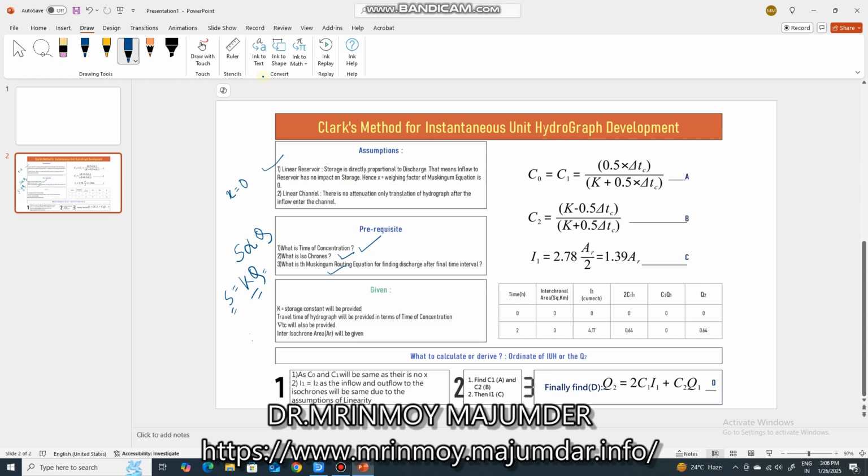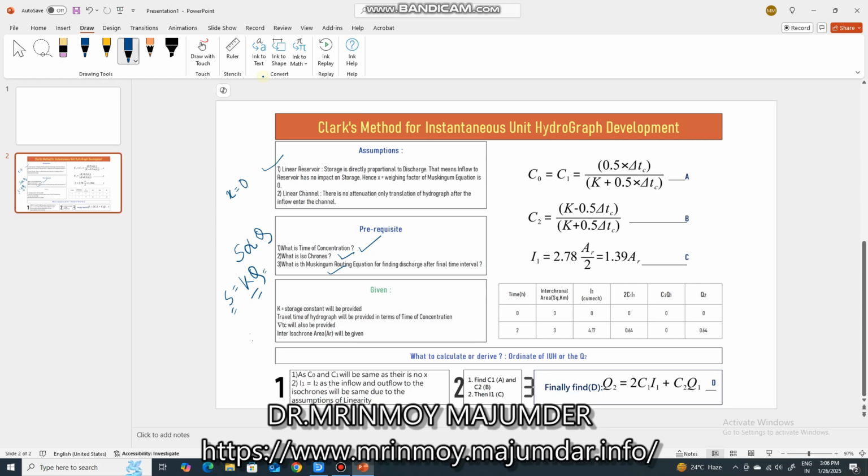Muskingum routing equation, there is a video on it. You have to go and refer to that video. But it is more or less a routing equation for water entering the reach or channels. It is not generally used for hydrologic routing.